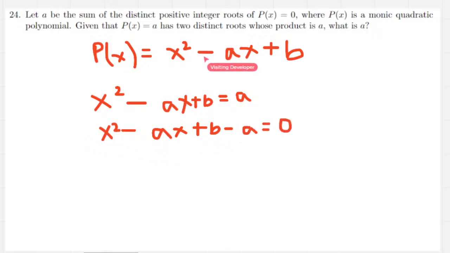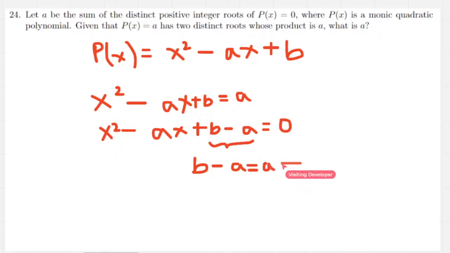And so this is another monic quadratic polynomial, and by Vieta's we know that the product of the roots of this equation is just b minus a. We're also given that b minus a is equal to a. So this just tells us that b is equal to 2a.